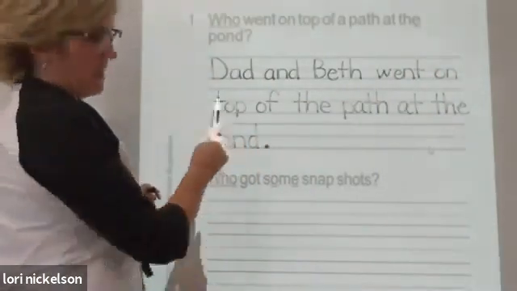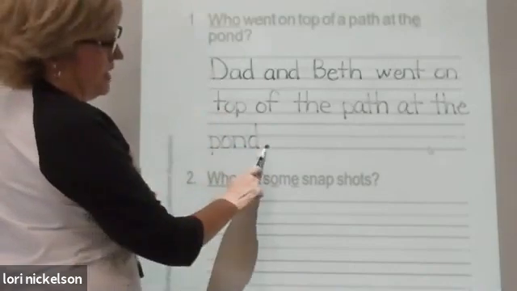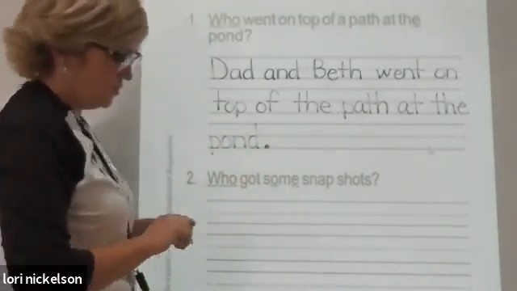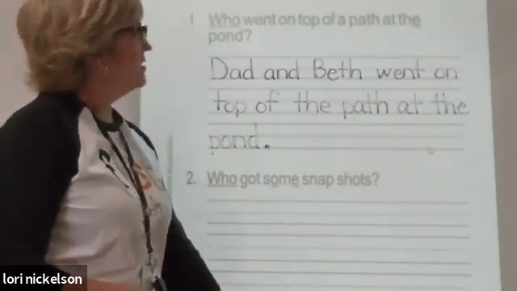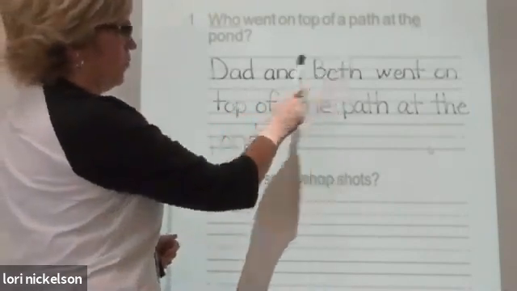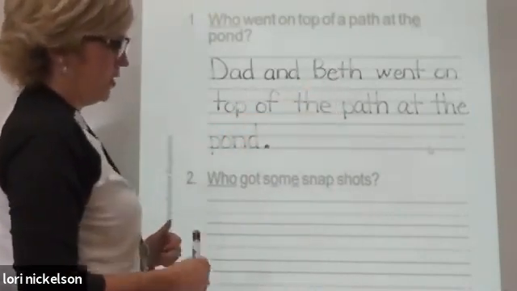Notice, I have a capital letter, I have a period, and I have spacing between my words. And I've answered my question. Who went on top of the path at the pond? Dad and Beth went on top of the path at the pond.